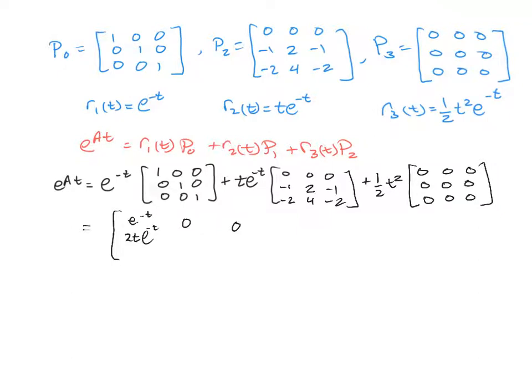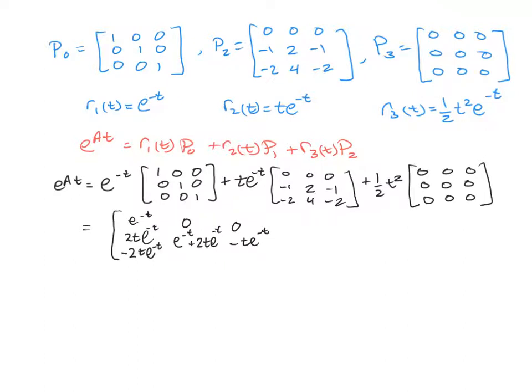And then for the middle, we pick up 2 terms. That's an e to the negative t plus a 2t e to the negative t. And then the last term is going to be a negative t e to the negative t. And then down here, we're going to have a 0 from the first, a negative 2t e to the negative t.